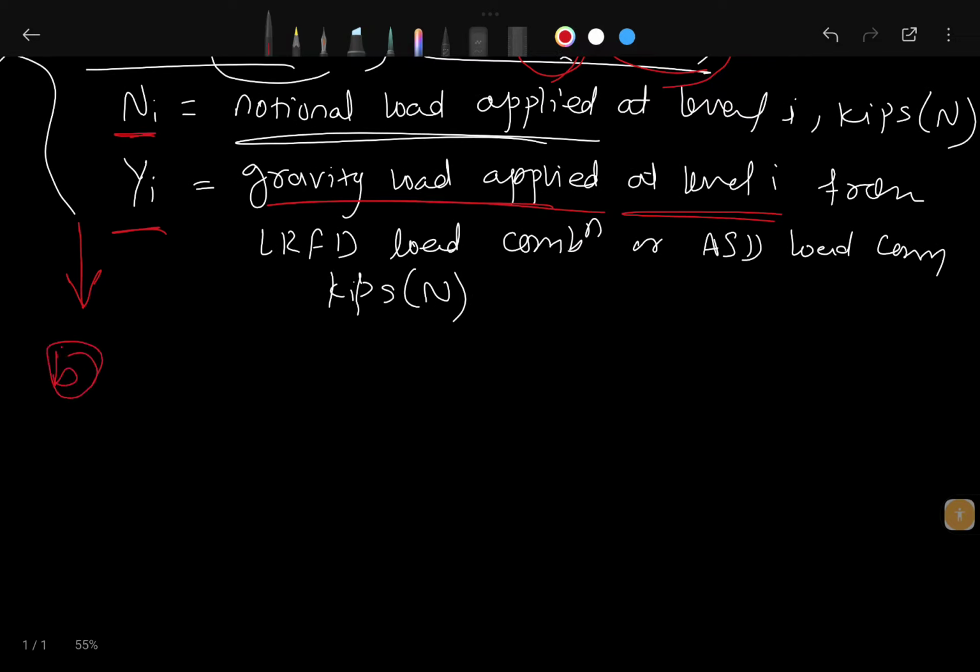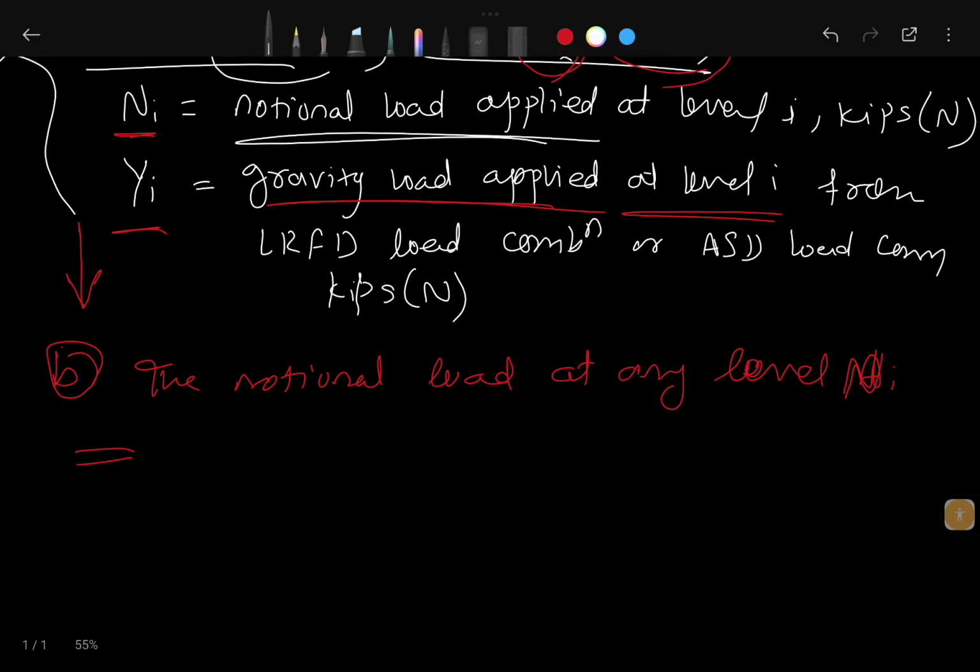Second point, B. In this point B, the notional load at any level i, Ni, shall be distributed over the level in the same manner as the gravity load. The notional load shall be applied in the direction that provides the greatest destabilizing effect. Okay, so this is a very important point.